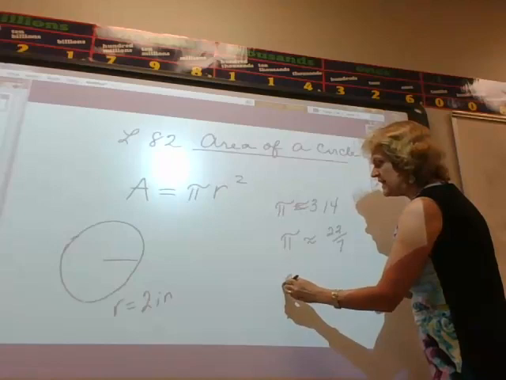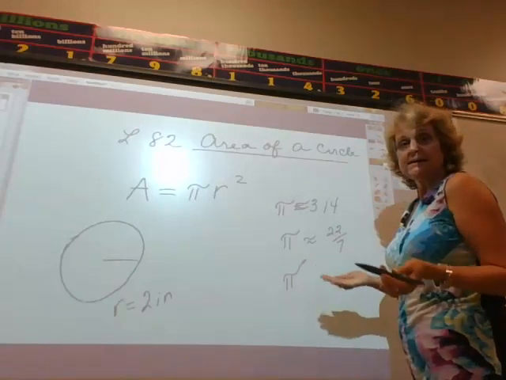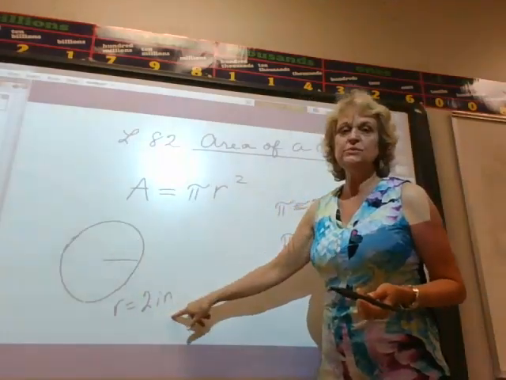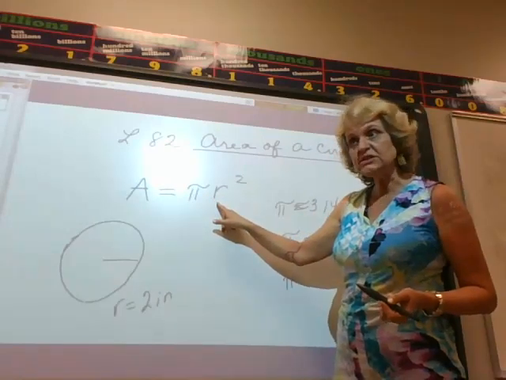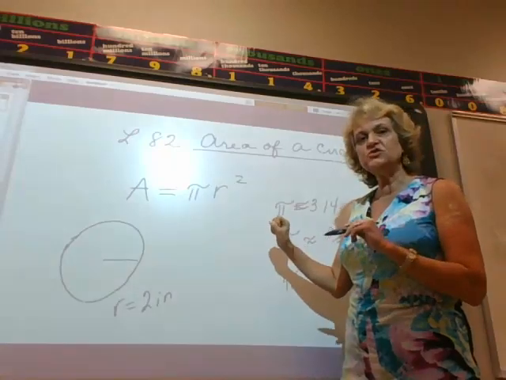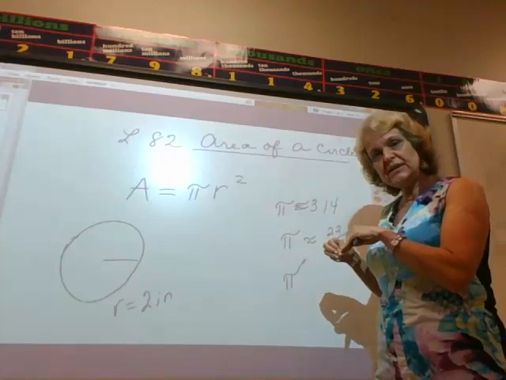Or it might say leave pi as pi. Oh boy, you hope for that. Because then, for example, in this question, where my radius is 2 inches, I would just square the 2 inches, so I get 4 inches squared pi, or 4 pi inches squared. We always want to say our number in front of the pi and then the units.